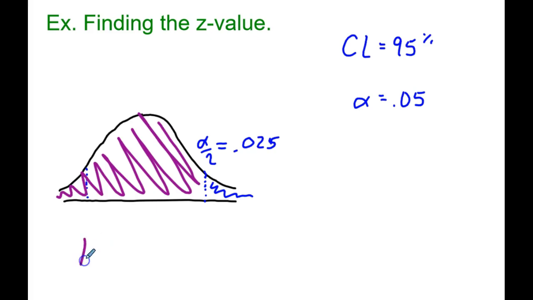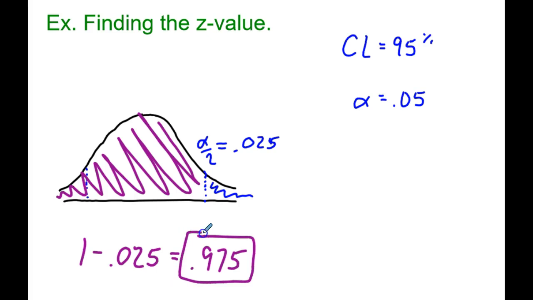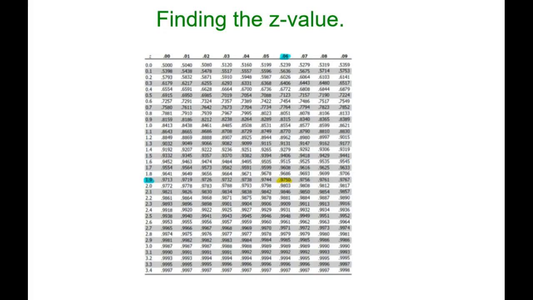So if we take 1 minus the area we have to the right, which is 0.025, that is going to leave us with the area to the left of that point, which is going to be 0.975. So this is the value we're going to look for in our table that I showed you earlier, and then we're going to find the corresponding z value.